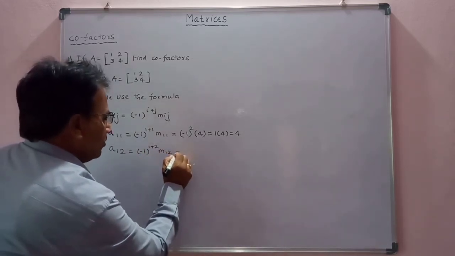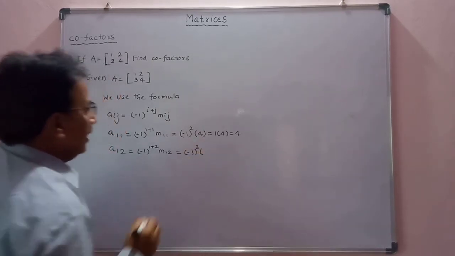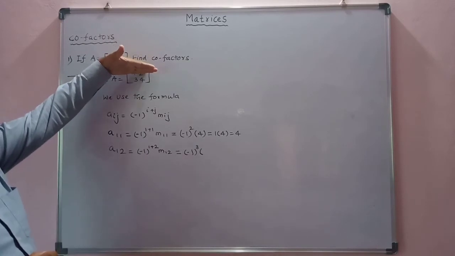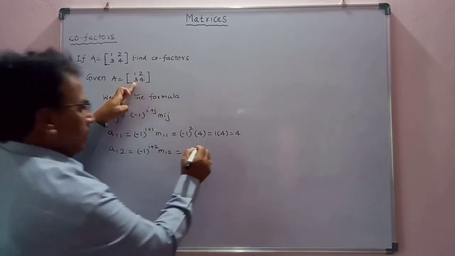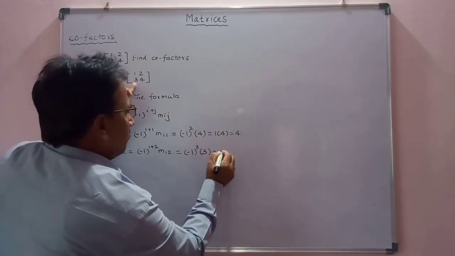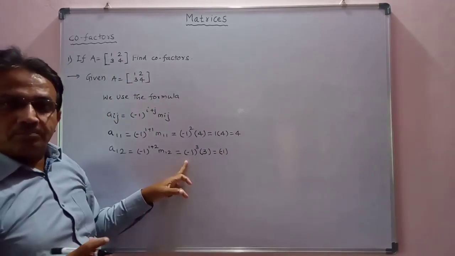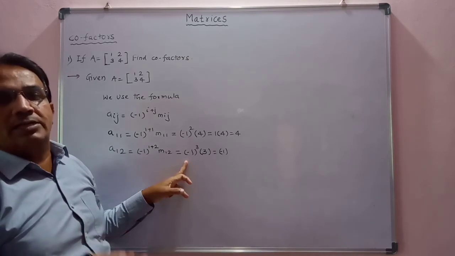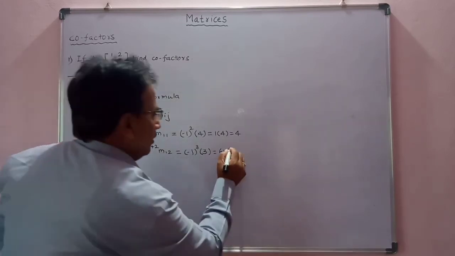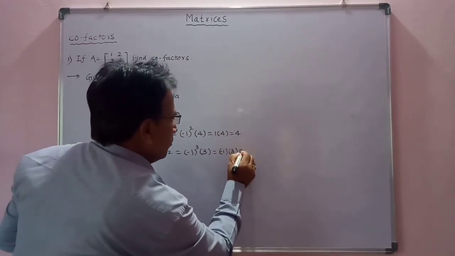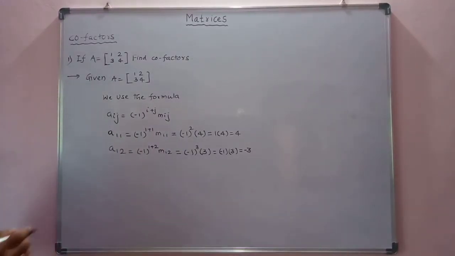Therefore, minus 1 raised to 1 plus 2 is 3, into m12, which means leaving off first row, second column. This minor is 3. Minus 1 cube into 3. Minus 1 cube is minus 1, so minus 1 into 3. This cofactor is minus 3.